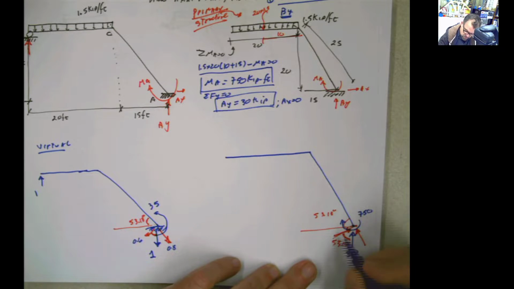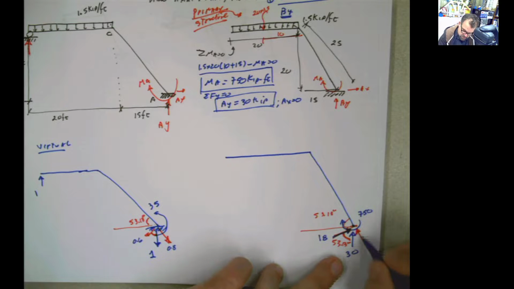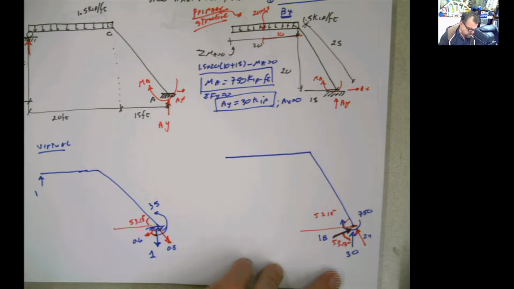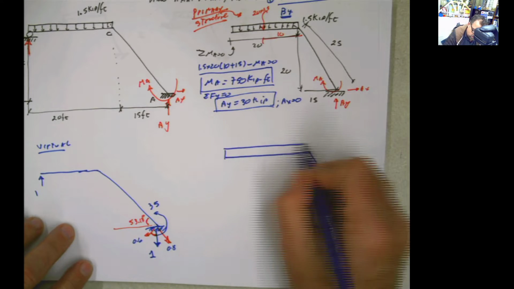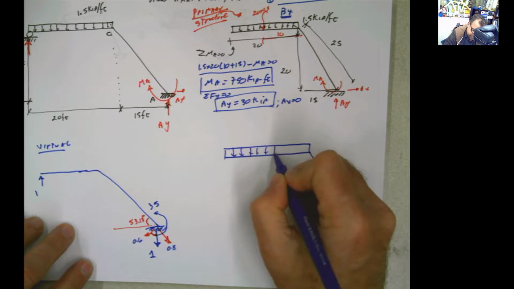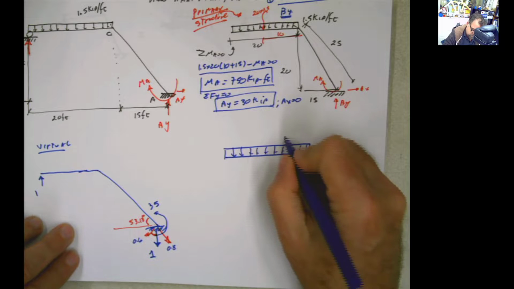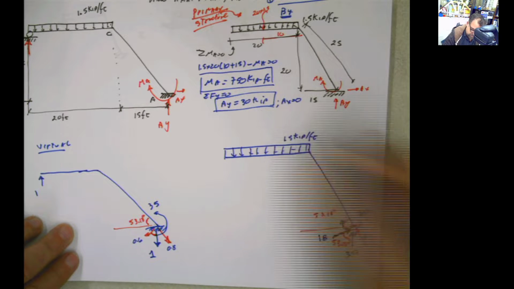Now this force here is going to be 30 cosine of 53.13, which is 30 times 0.6, which is 18, and this is 30 sine of 53.13 because it's equivalent of reading this side here, and the sine is 0.8, so 30 times 0.8 is 24, and then we have those reactions over there. Don't forget about the load that we have on top of that. And we have all the distances.